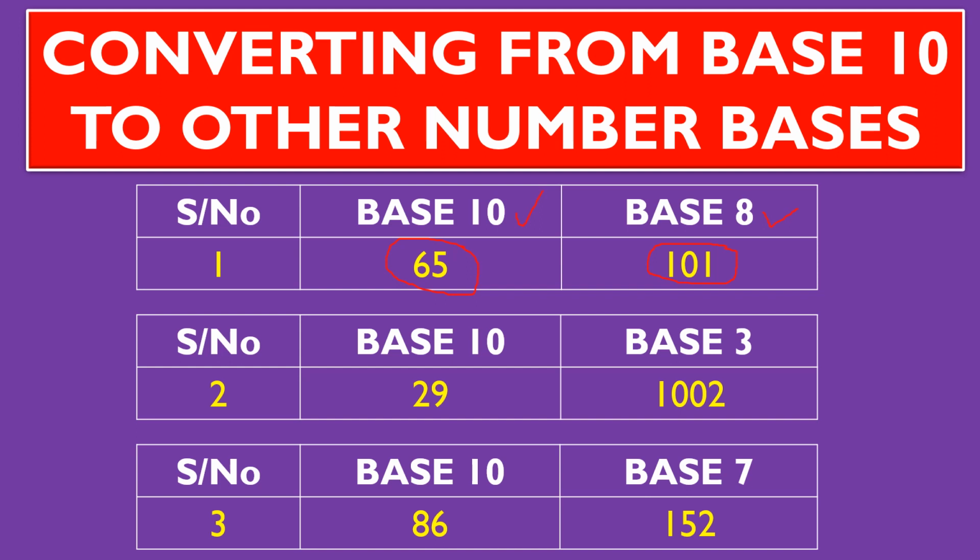The second number we did was 29 in base 10, and we converted it to base 3, and what we have is 1002 in base 3. And then the bonus question we had is 86 in base 10 and we converted it to base 7, and what we have is 152 in base 7.